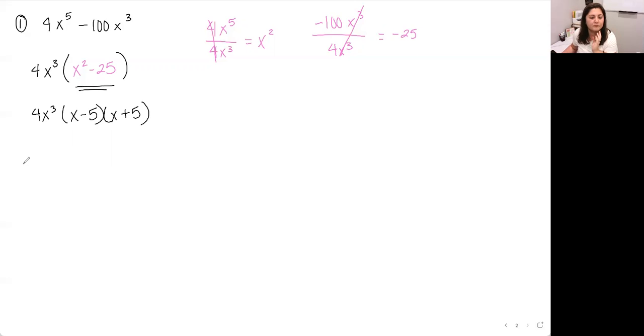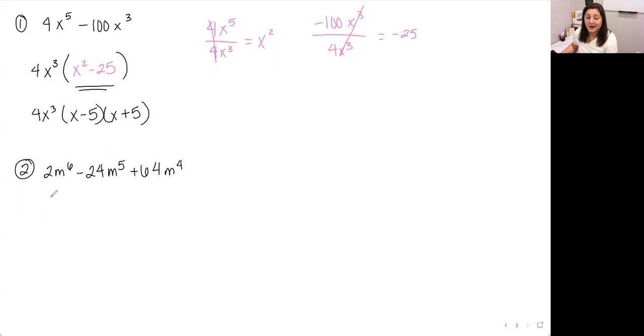Okay. All right. So the second one is 2m to the 6th minus 24m to the 5th plus 64m to the 4th. Again, my first job is to take out my greatest common factor.